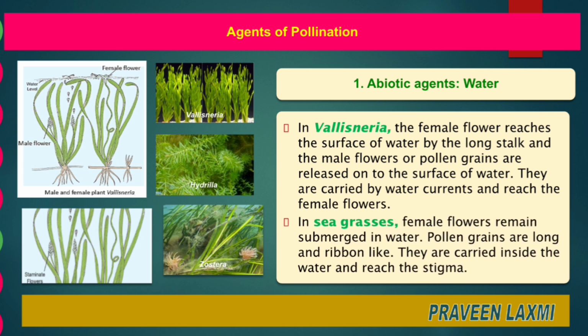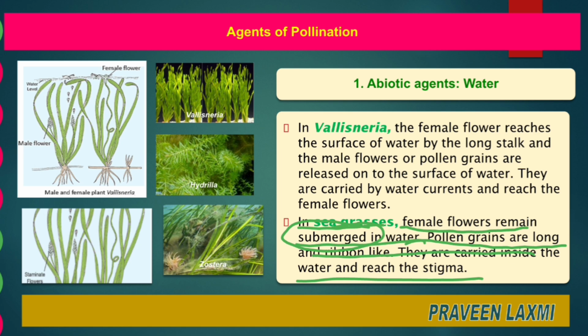What about the seagrass? How is it different? The only difference you can see here is that in seagrass, both male and female flowers are submerged inside the water. The male flower releases the pollen grains, and the female flowers receive the pollen grains through the water current. So here the pollination takes place.